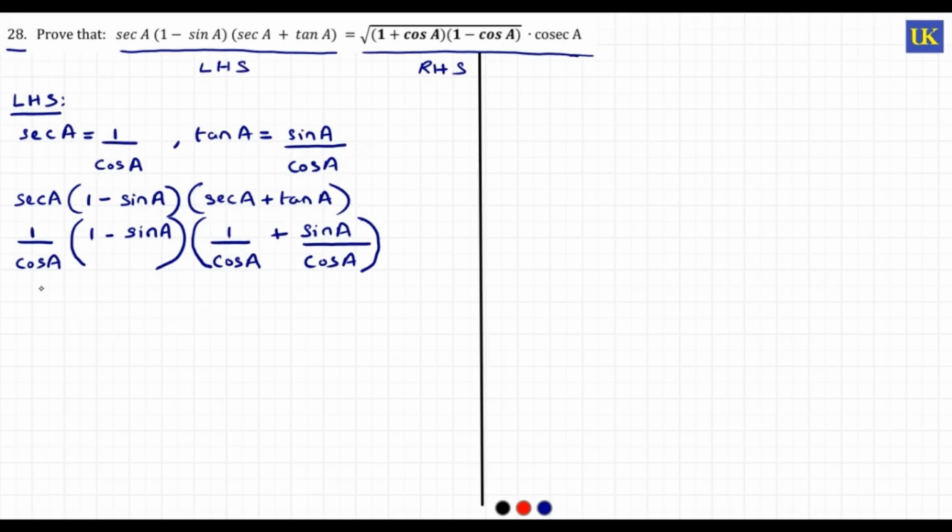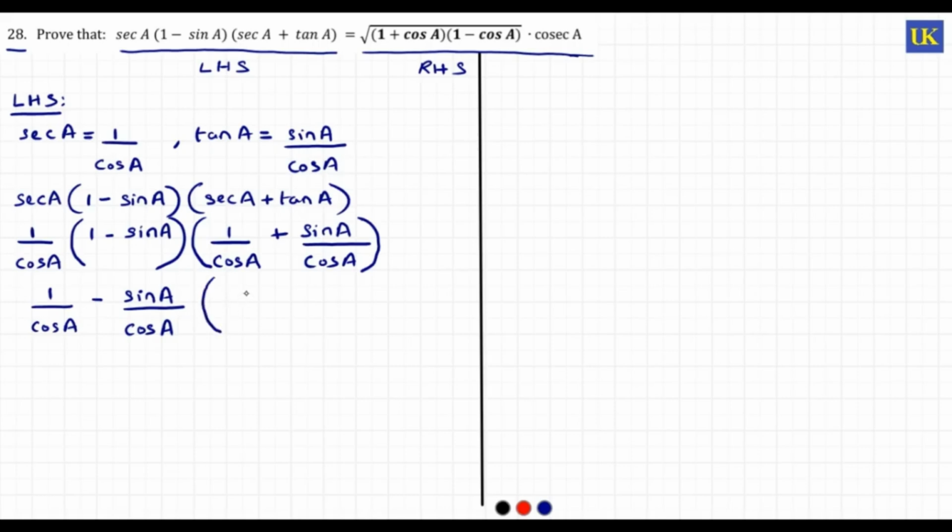Now I will multiply this 1 upon cos A here with 1 and with sin A. So this will become 1 upon cos A minus sin A upon cos A, and let me put this in a bracket.